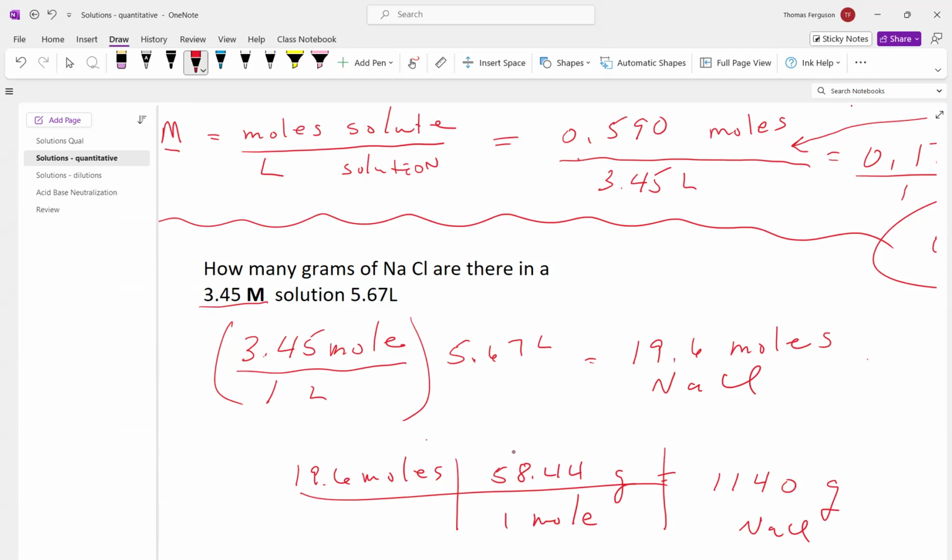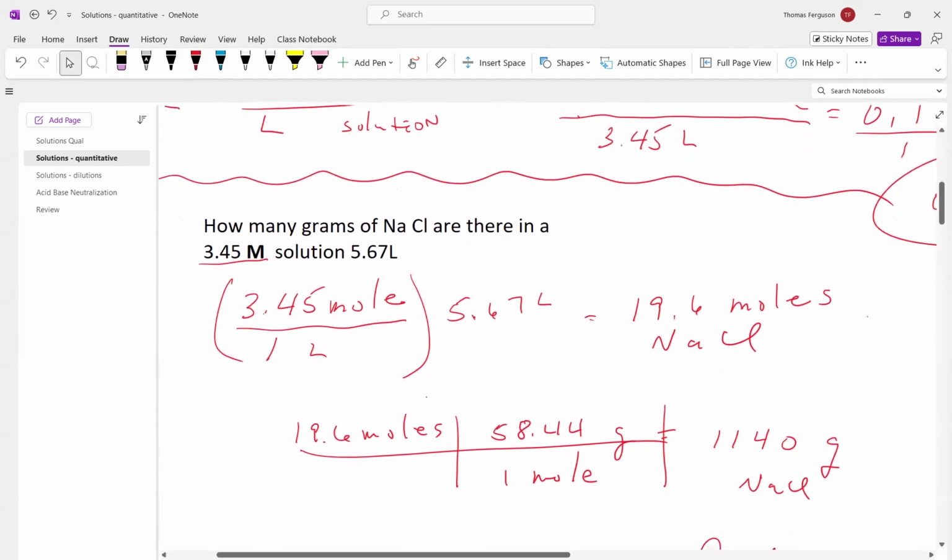But I used the number before the rounding, the 19.6, and that rounds up to 6. Same thing. Your point's well taken though.